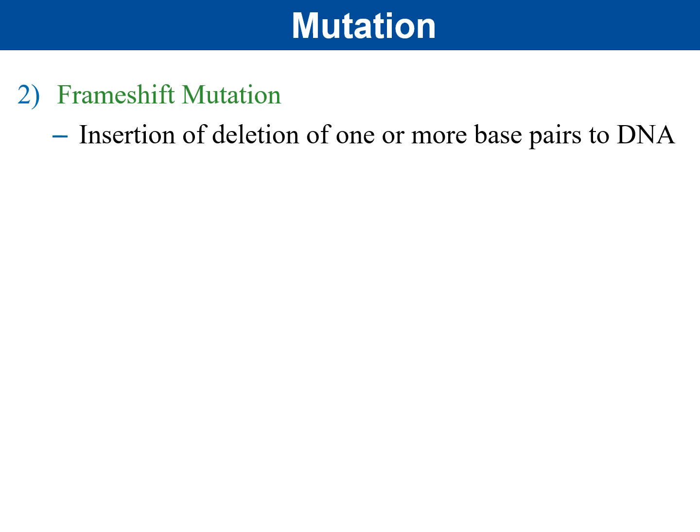A second major type of mutation is a class of mutation called a frameshift mutation. And it's defined as an insertion or deletion of one or more base pairs in the DNA. The ultimate effect of this is that it causes a change in the reading frame.